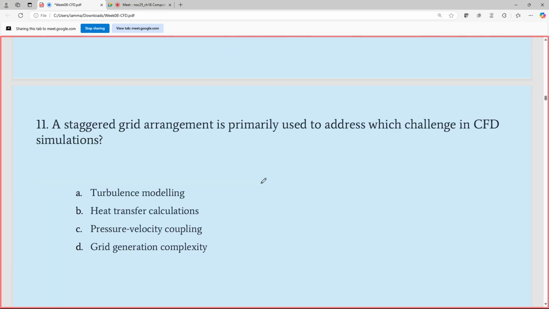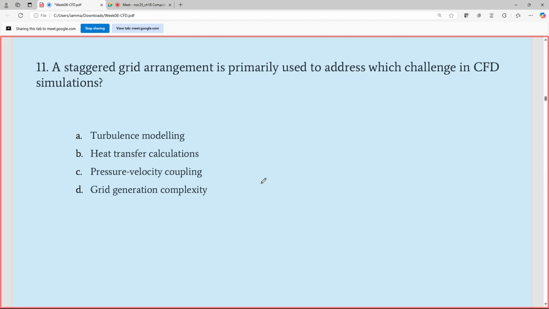Next question. A staggered grid arrangement is primarily used to address which challenge in CFD simulation? So the question is, where is the staggered grid arrangement primarily used?